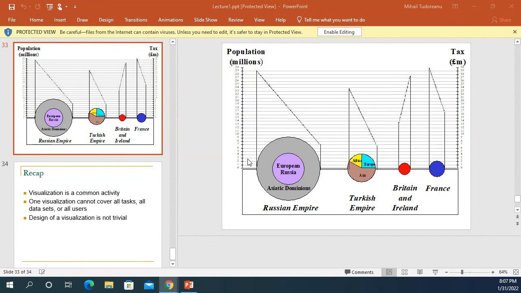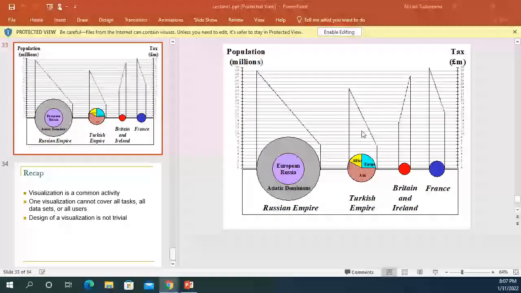Interesting thing is why they use 2 y-axes, which is okay in most cases, where you don't look at the same value. In other words, here population and tax are kind of independent of each other.